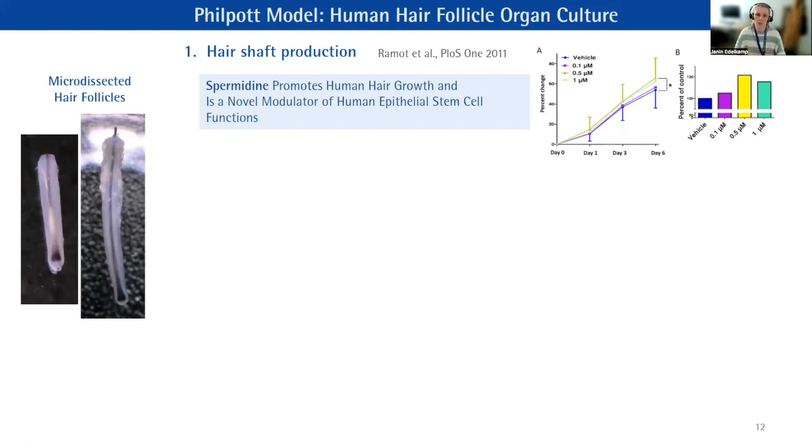We want to experience, or the patients mainly want to experience, a higher hair density. So simply saying hair growth would mean you just have to see your hairdresser more often, whereas anagen prolongation is the more important parameter if you want to experience a higher hair density on your scalp.